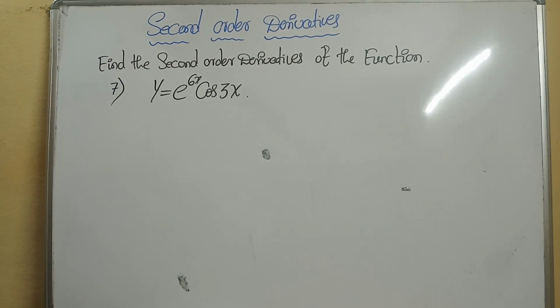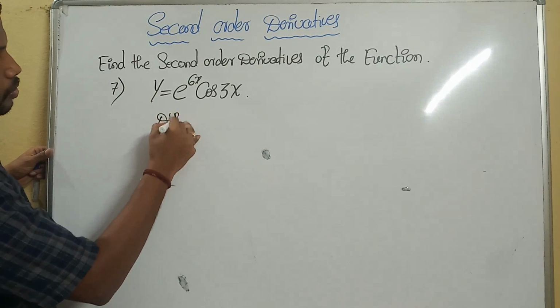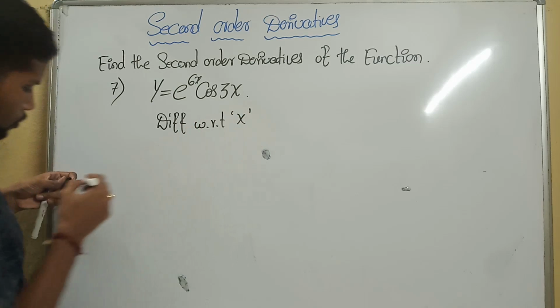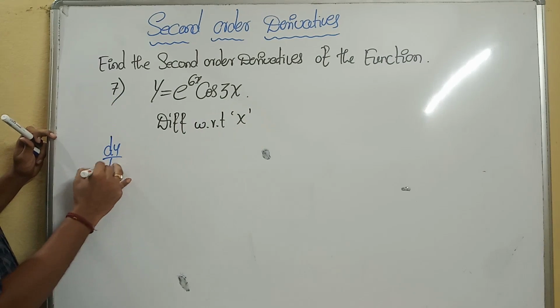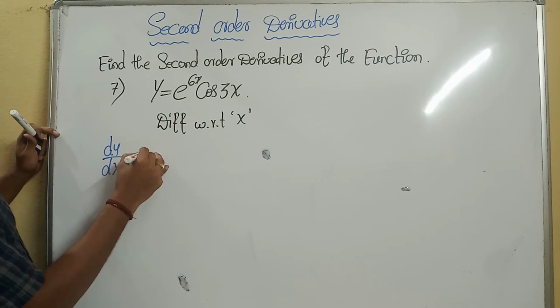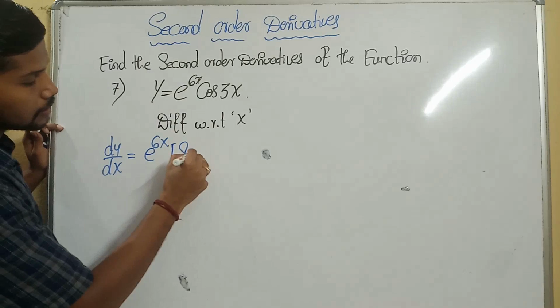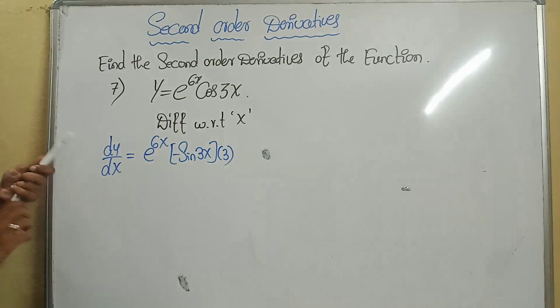Next example is y is equal to e to the power 6x cos of 3x, differentiating with respect to x. It will be dy by dx. First term e raised to 6x as it is, cos derivative will be minus sine of 3x, derivative will be 3. Got it?